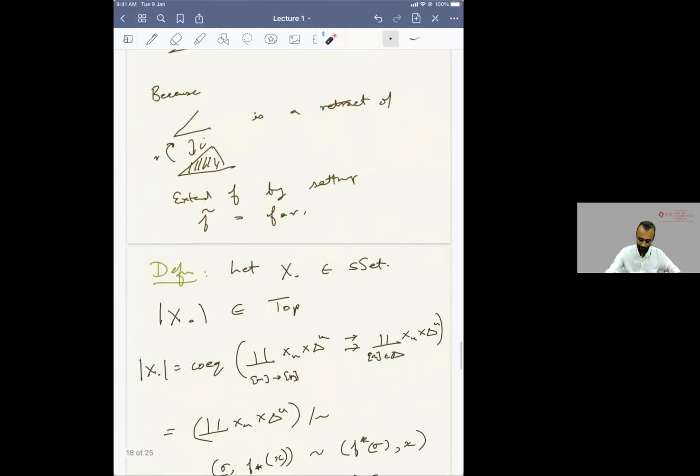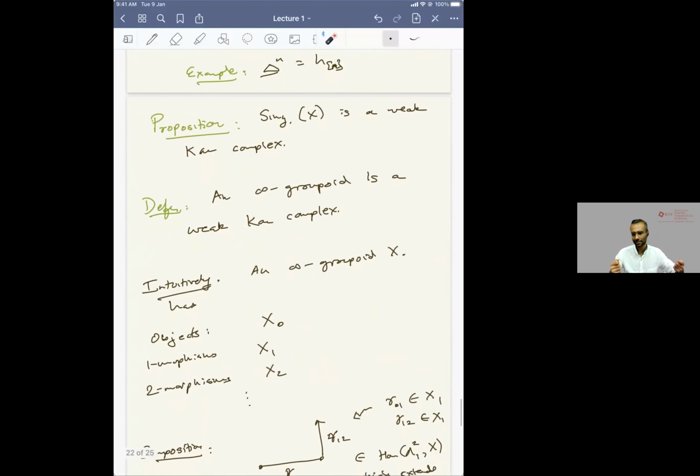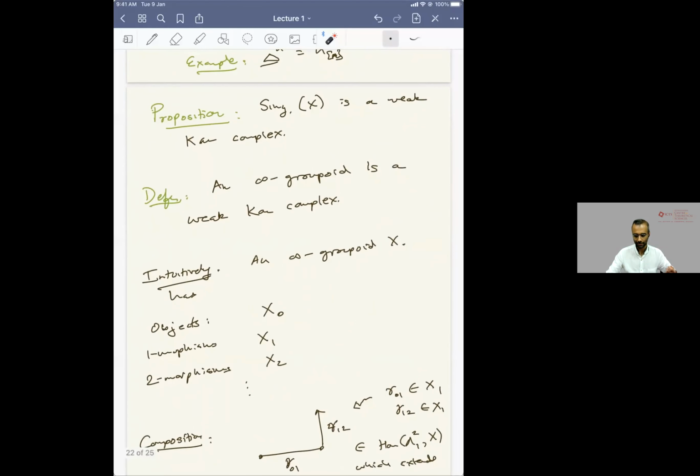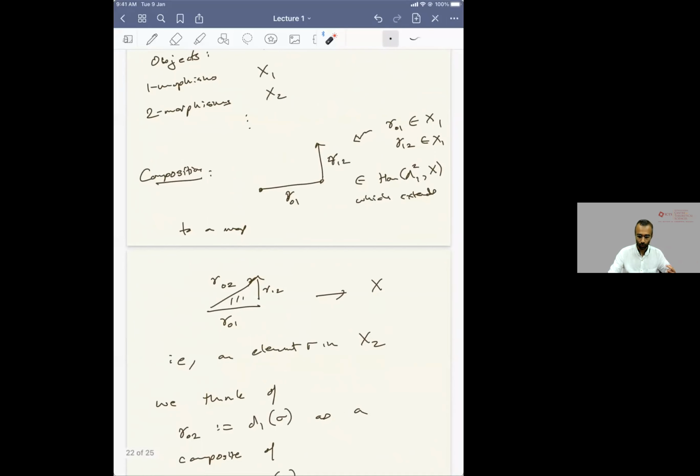And so even in the end, when I'm thinking of this as an infinity category, as something where the points are objects and the paths are one morphisms and so on, I said that if you have two paths, you can think of a triangle in the space, a two simplex in the space, as witnessing the fact that gamma 02 is a composite of gamma 01 and gamma 12. So it's not equal to the composite, as in if you ran the first path and then ran the second path, that's not equal to gamma 02.